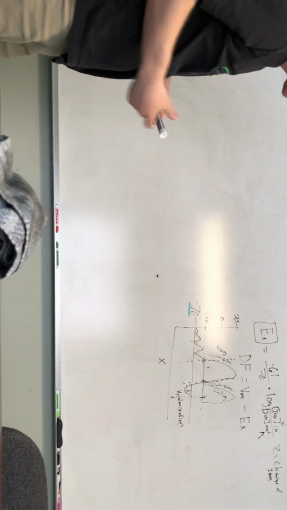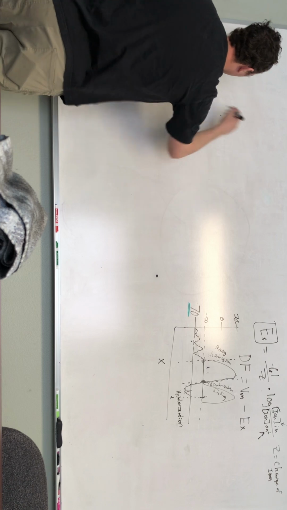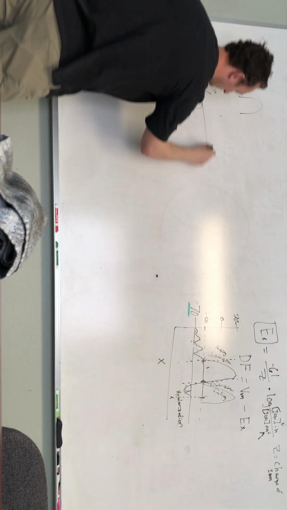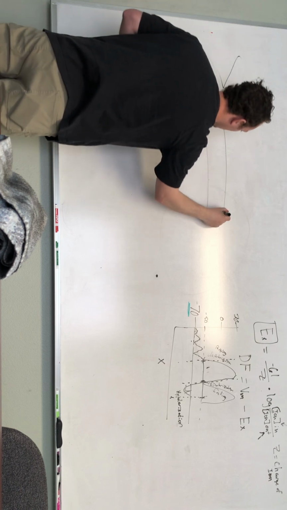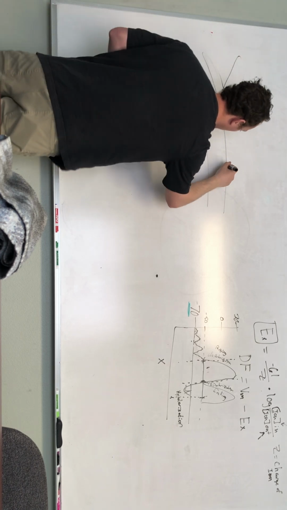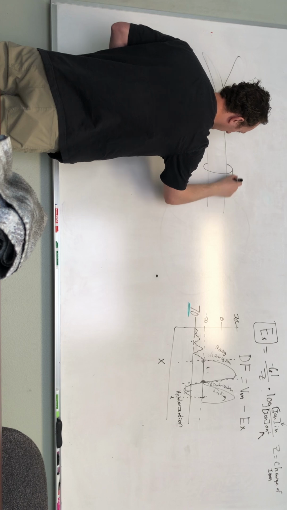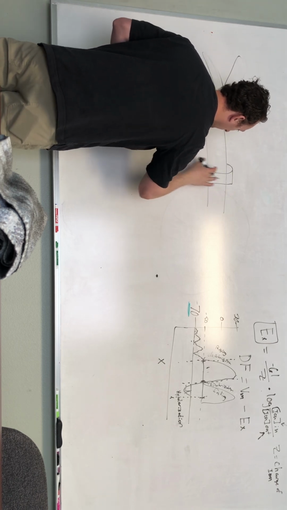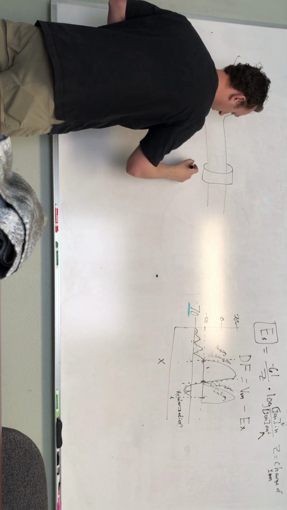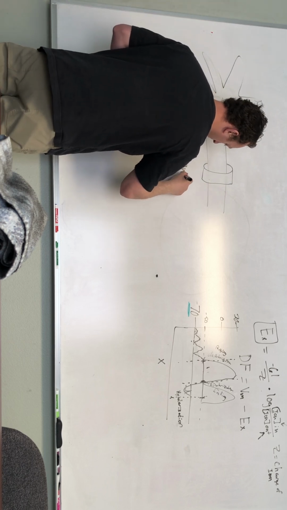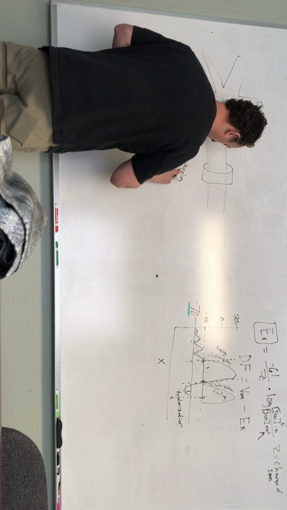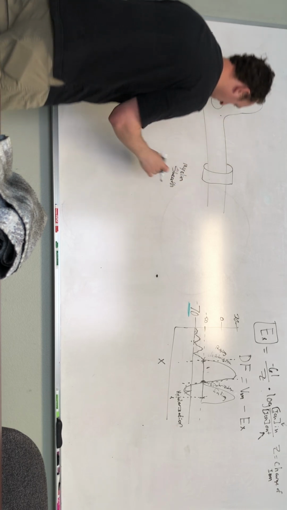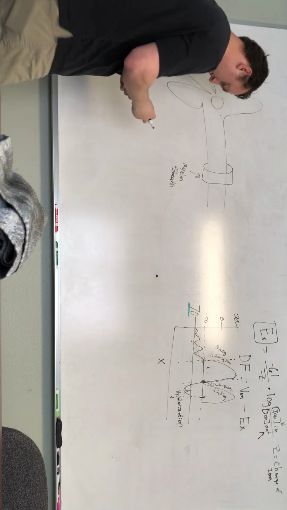Okay. Now I'm going to draw out a neuron real quick. This is going to be our myelin sheath. That's our myelin sheath.